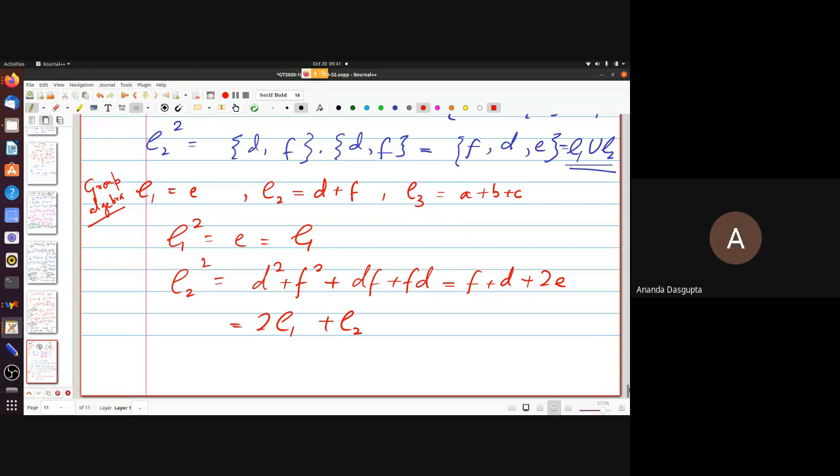But the rule is you will never get half a class. For example, you will never get a situation where you have just D and not F. And not only that, you will have D and F exactly equal number of times. So if your multiplication gives you 3 Ds, it will also give you 3 Fs. So it will be 3 times C2 always. Here, of course, it's giving you 1 F and 1 D, and E comes twice.